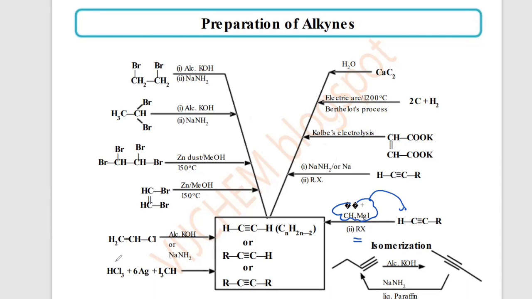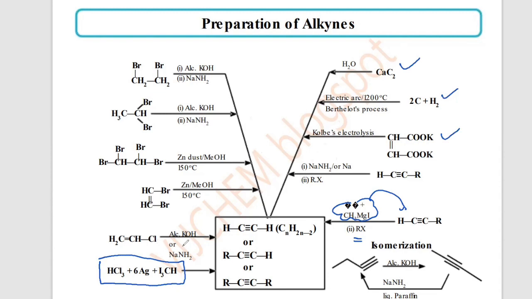Now, most important, this is also exclusively applicable for ethyne only. So let me tell you from where we can have ethyne only. So here ethyne only, here ethyne only, here ethyne only, and here also ethyne only.